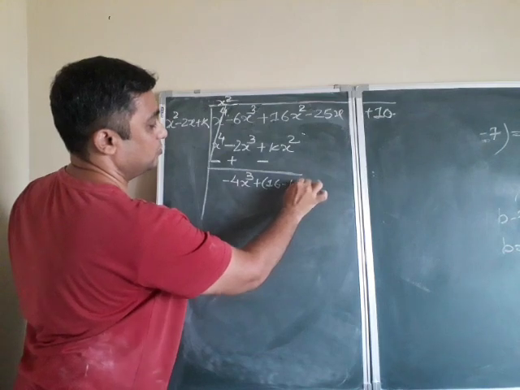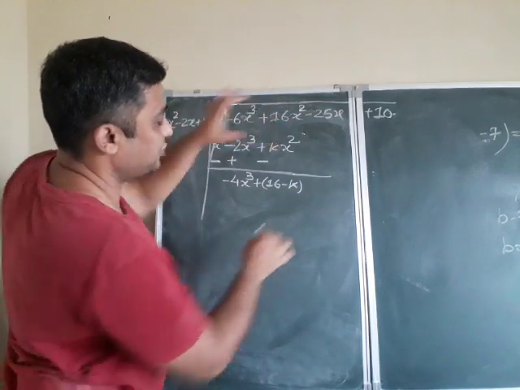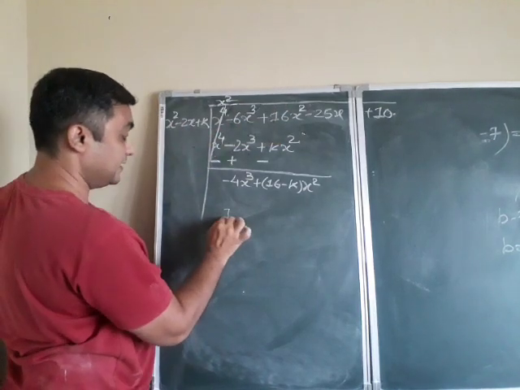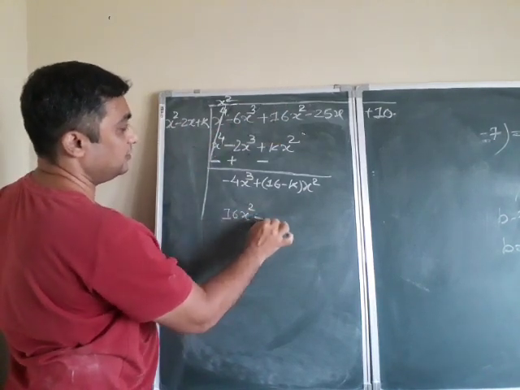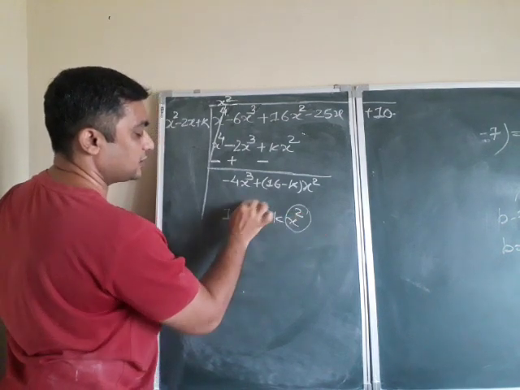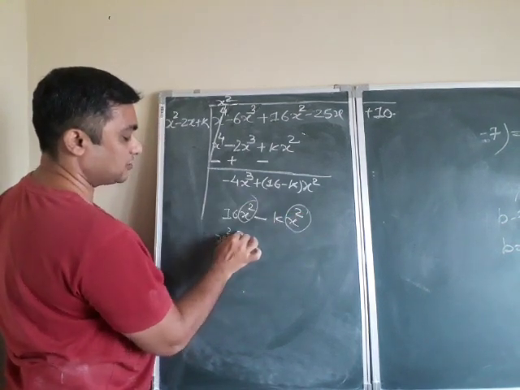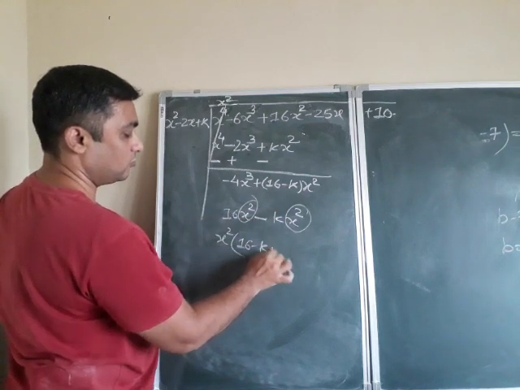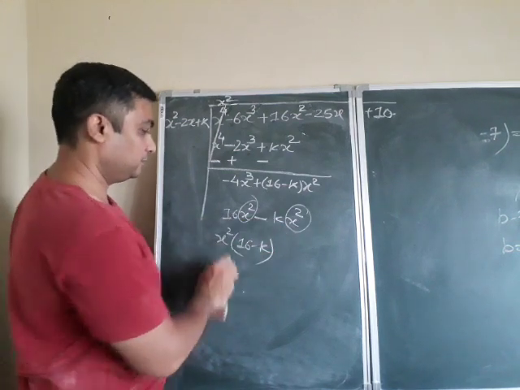And see this x square I am getting as common. See, from these two terms, let I write here 16x square minus kx square. So x square is here, x square is here, so I am getting x square as common. So this is 16 minus k. Chaliye, ready?